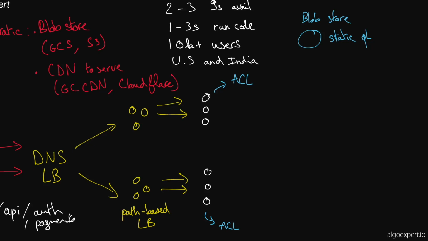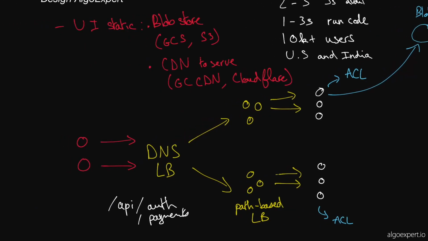So I'm thinking we could actually have 2 layers of caching to avoid having to make a bunch of requests to our blob store. So we will have one or a few requests to our blob store, but I'm thinking that we could do maybe at the client level right here. So literally in the browser, in our front end code, we could do some client side caching of the questions list.